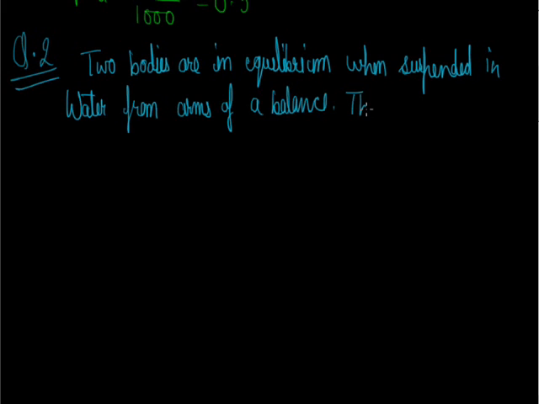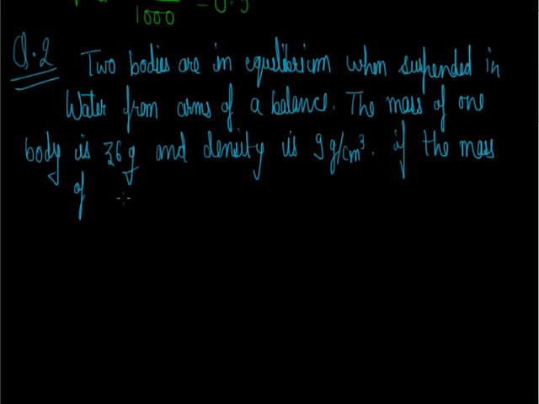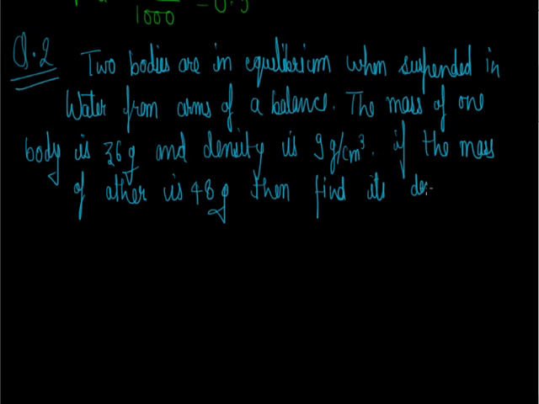The mass of one body is 36 gram and its density is 9 gram per centimeter cube. If the mass of the other is 48 gram, then find its density.